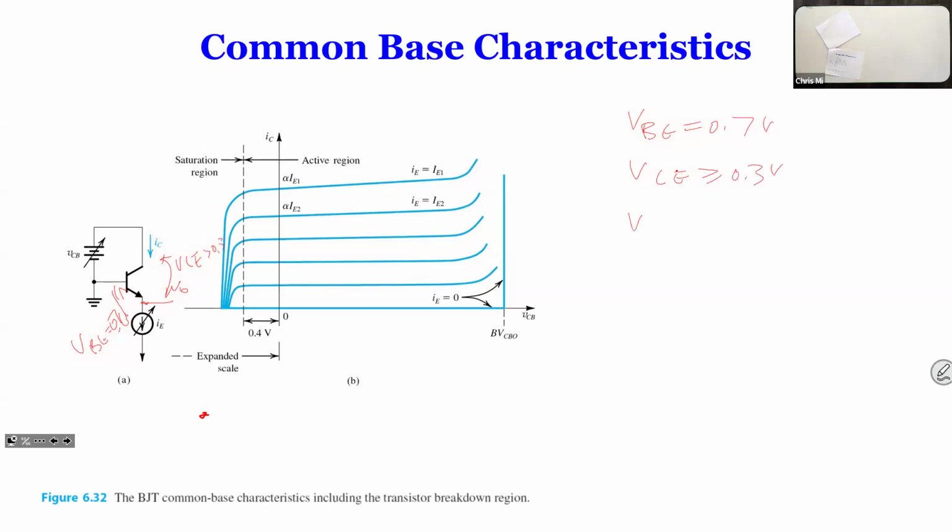Therefore, VCB equal to VC minus VB has to be larger than 0.4 volts in order to be in active mode.